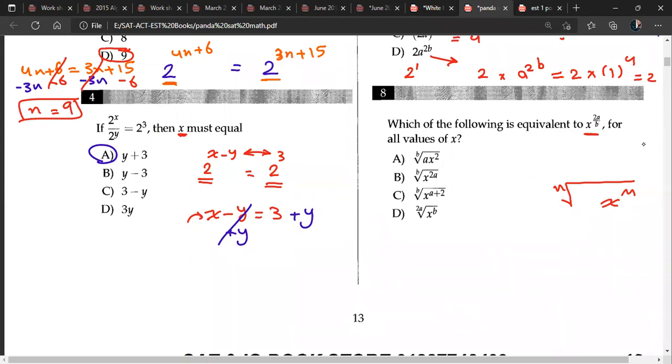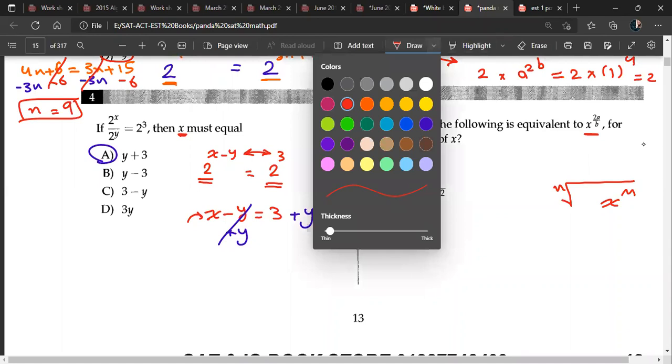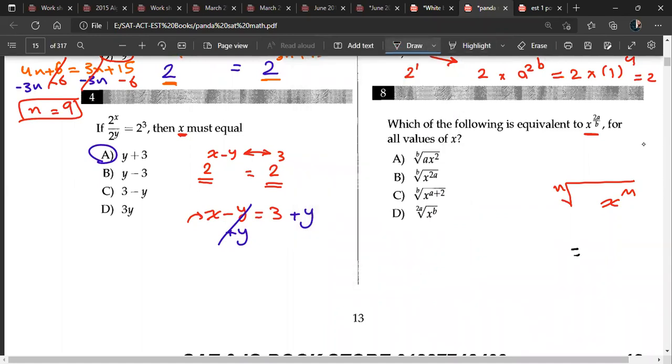And here, the choices are radical expressions. How can we convert it? It's so easy. It will be x power m over n: the power inside the radical over the index of the radical. Here you have the same value, but you make the inverse.